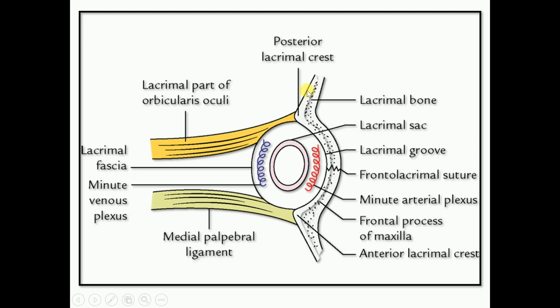There is the posterior lacrimal crest, part of the lacrimal bone, and on the inferior aspect there is the anterior lacrimal crest, part of the frontal process of the maxilla. While on the medial side, this lacrimal sac is covered by the lacrimal groove as well as a minute arterial plexus. While on the lateral aspect, it is covered by the lacrimal fascia and a minute venous plexus coming from the orbital septum.